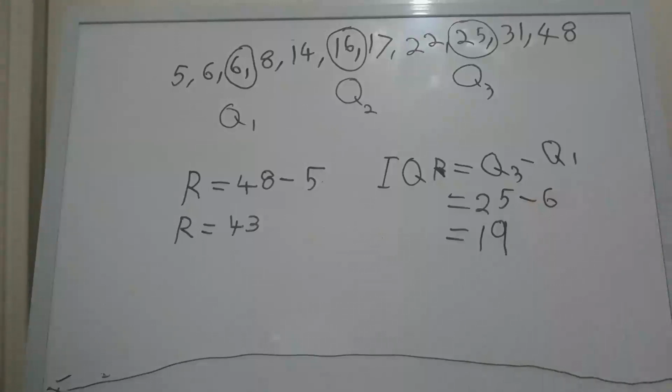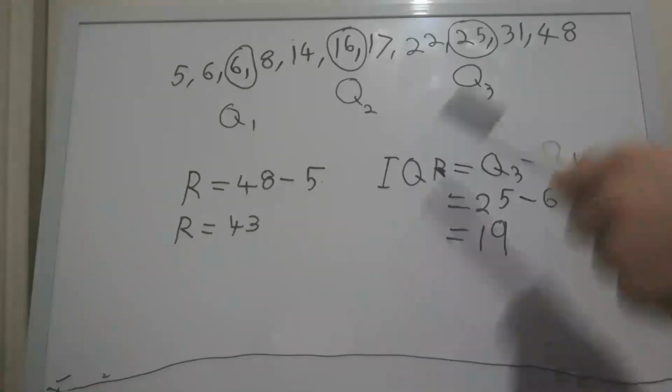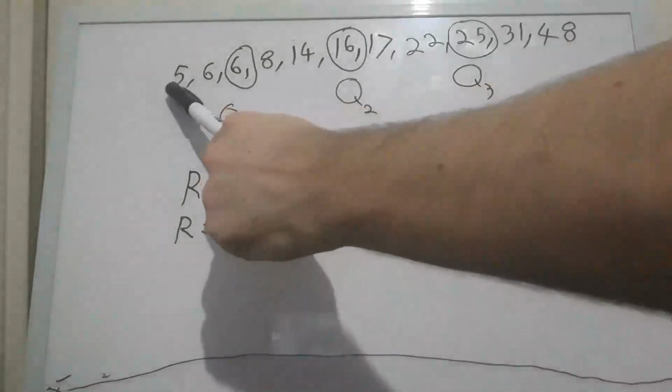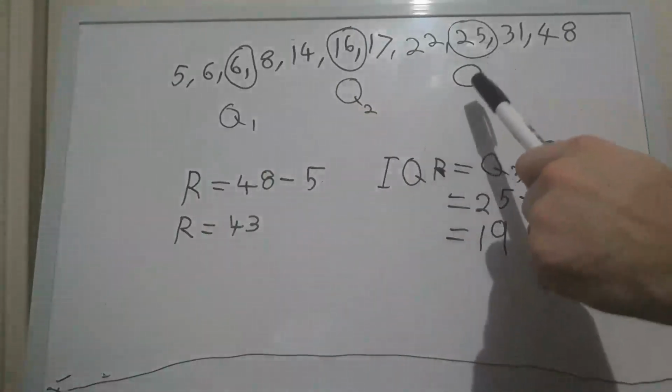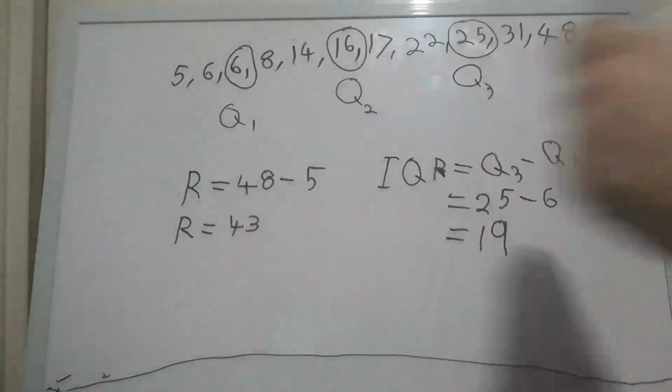That's all there is to interquartile range. Pretty straightforward. Well, I think it's straightforward, but finding your quartiles can be a little bit challenging in some cases. So, range is your largest value minus your smallest value. Interquartile range is your quartile 3 value minus your quartile 1 value.